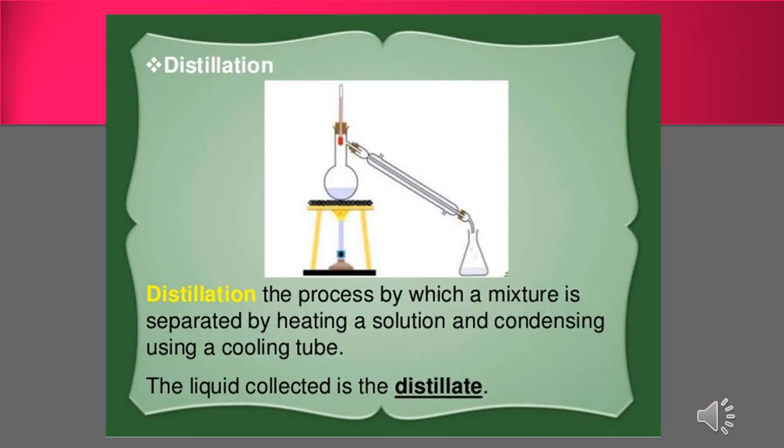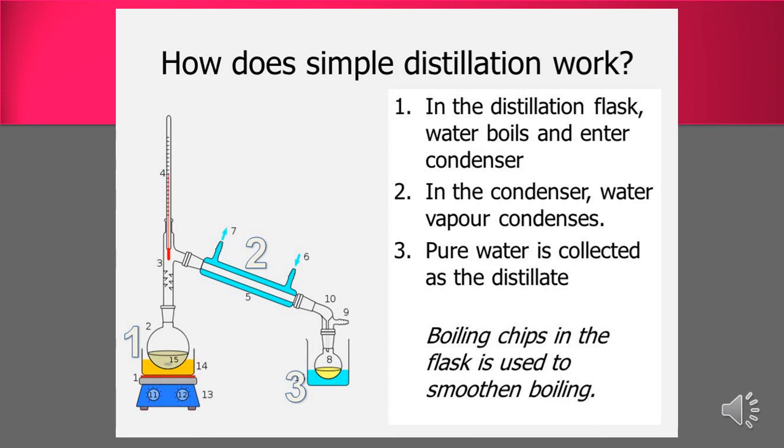So distillation again is a process by which a mixture is separated by heating a solution and condensing using a cooling tube. The liquid collected is the distillate. So how does simple distillation work? Number one, in the distillation flask, water boils and enters the condenser. Because it will turn into water vapor, and then it passes through the condenser.